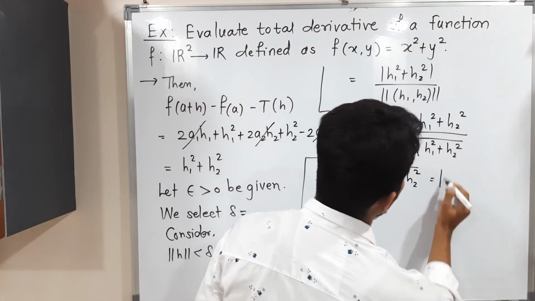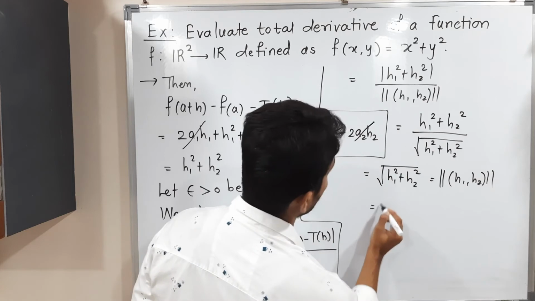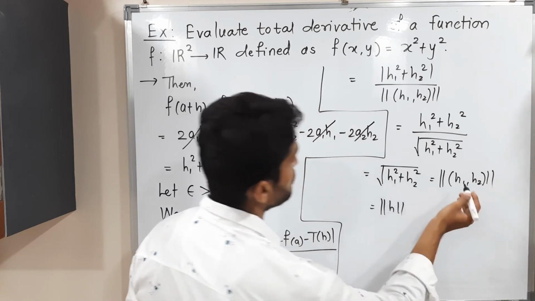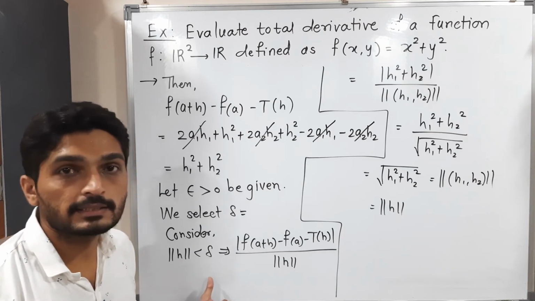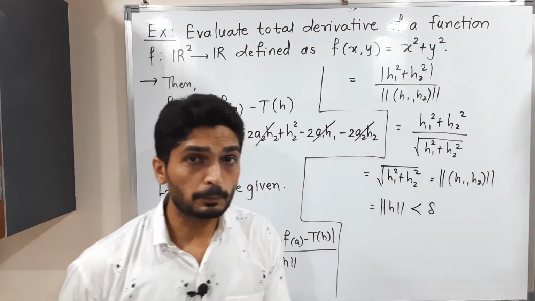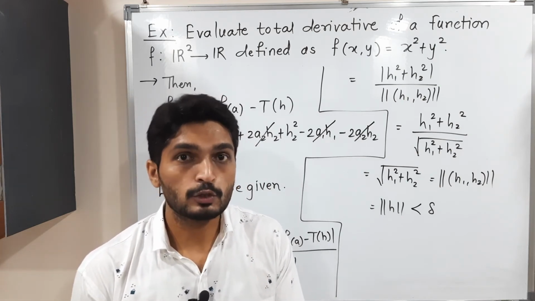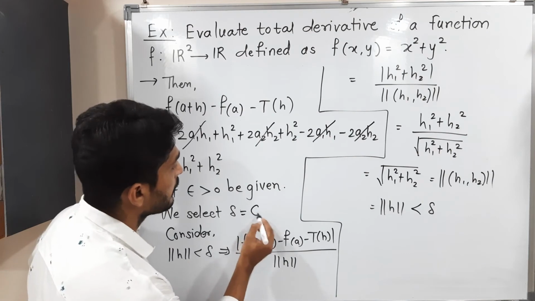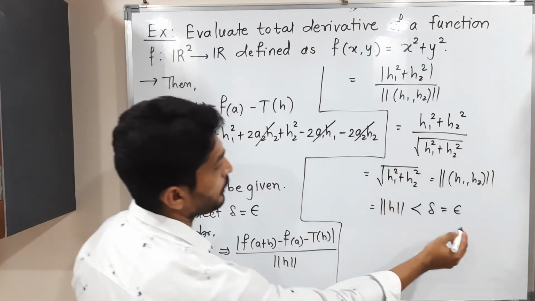So this is equal to norm h1 comma h2, which is nothing but norm h, since h1 comma h2 is nothing but h. But we have already written norm of h is less than delta. What are we supposed to prove? We are supposed to prove that it should be less than epsilon. So my choice of delta should be epsilon. So obviously this is equal to norm h, which is less than epsilon.